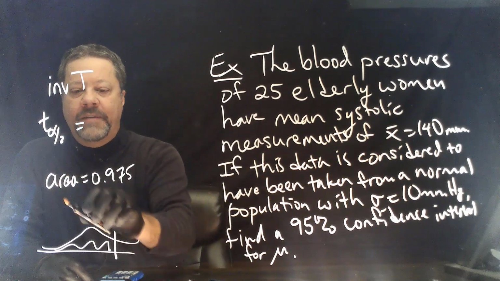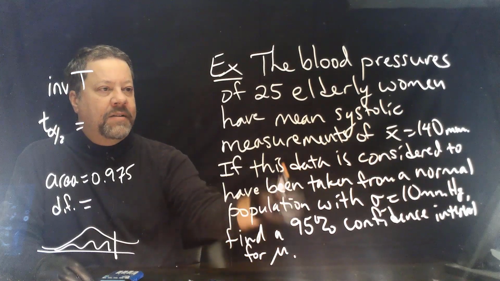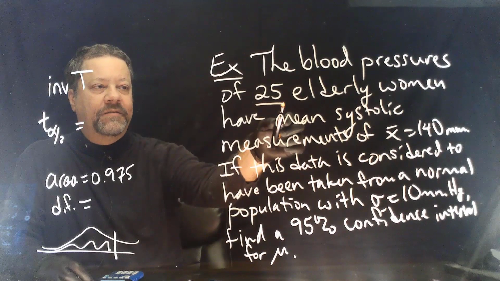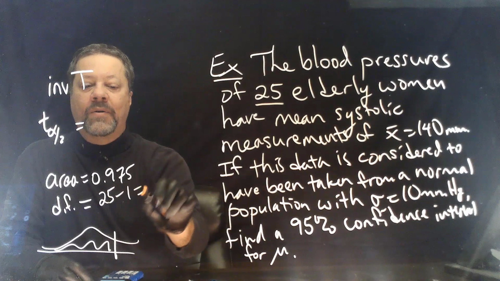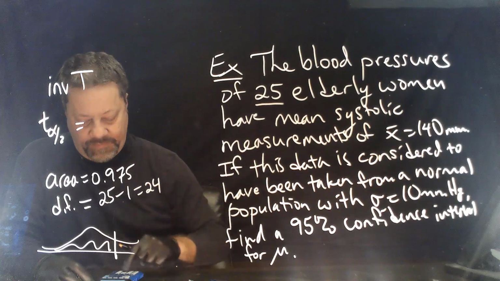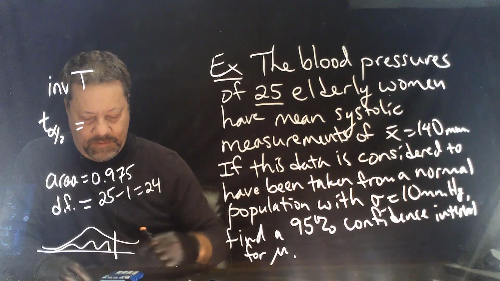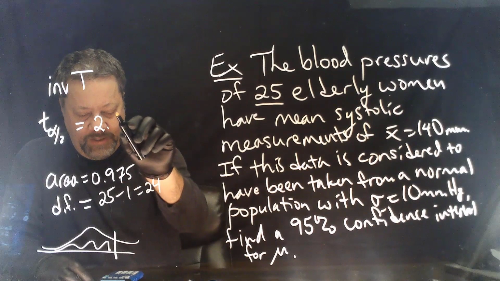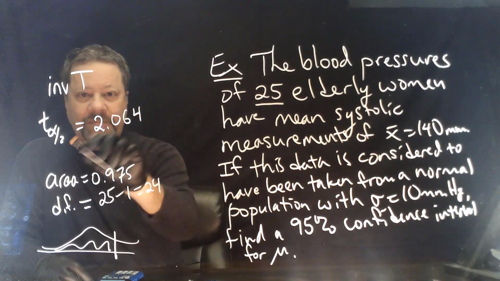The degrees of freedom: the sample size was small, only 25. So the degrees of freedom will be 25 minus 1, or 24. And so that gives us the critical T of 2.064.